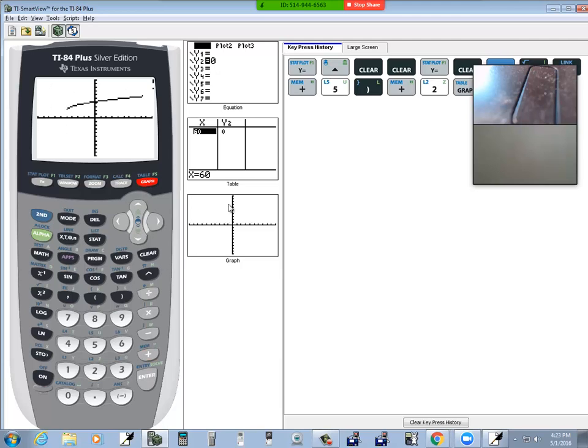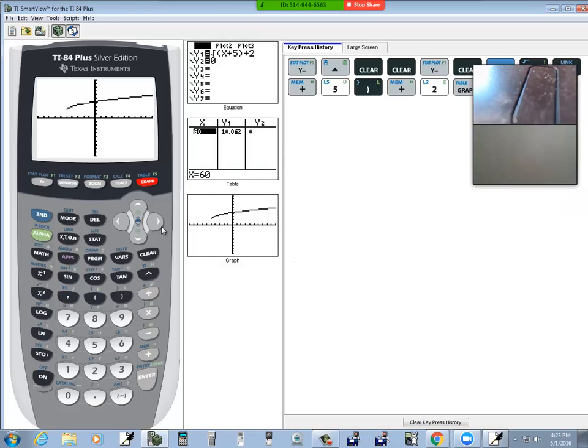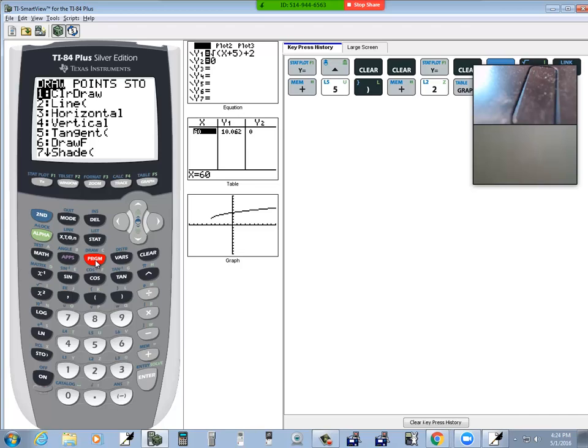Now this is what our graph would look like. And this is what I showed you with the black right here. To draw the inverse, there's a draw menu. You see above your program it says draw. So if I do second and click this program right here, then there's a draw inverse.